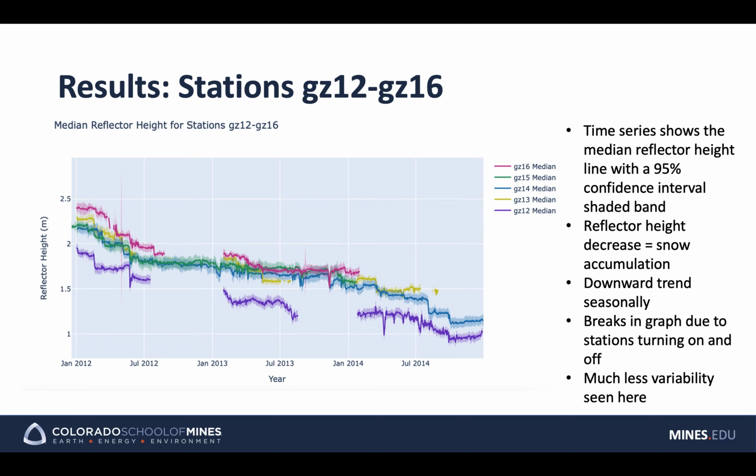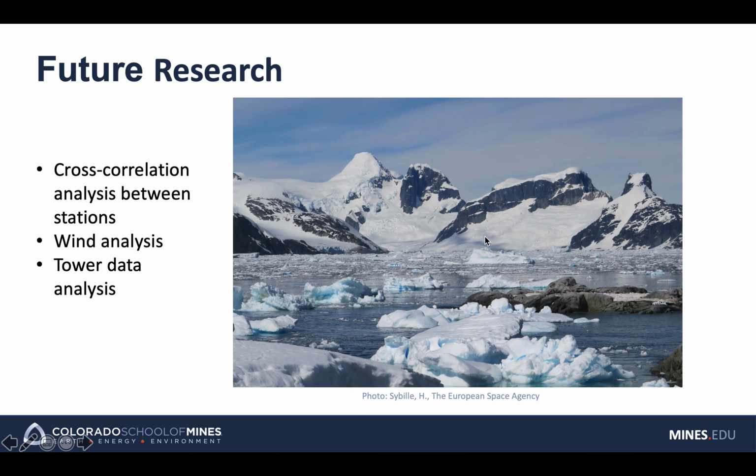This means that the reflector heights that were being recorded, and thus snow accumulation, for each of these sites didn't vary very much between each other. So the snow distribution between these was pretty consistent. It is clear that this method shows with low variability the snow accumulation that is occurring over time.